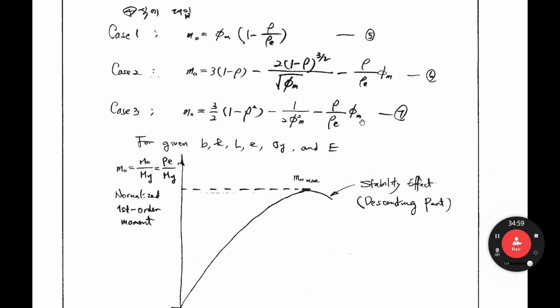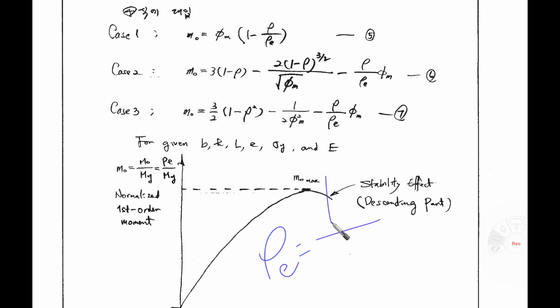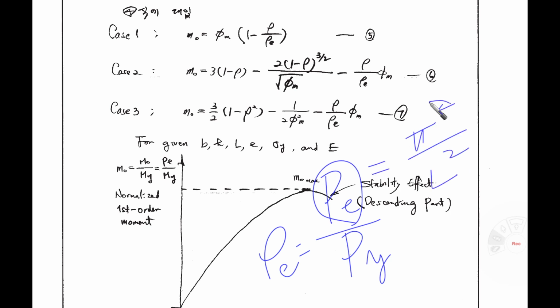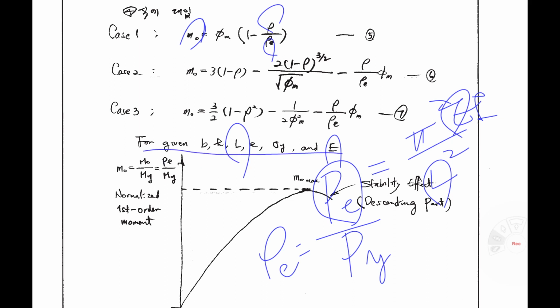Rho_E means P_E divided by P_y, right? P_E is Euler buckling load, pi squared EI over L squared. This term includes this L, E. So this term includes these variables.